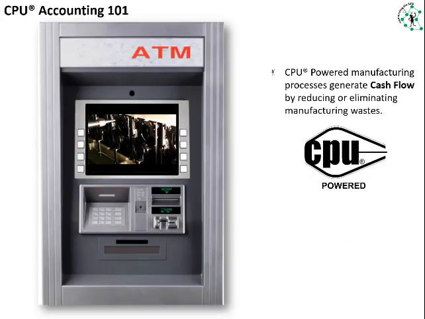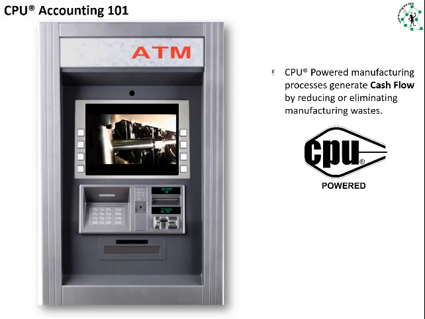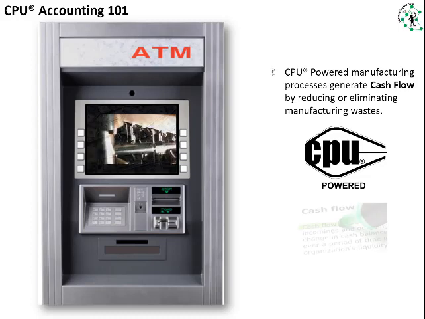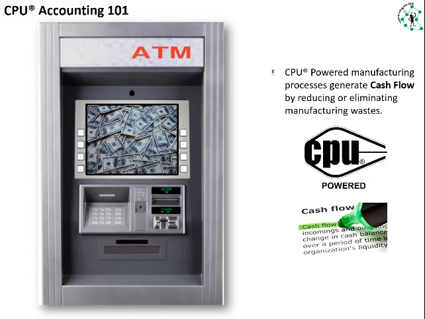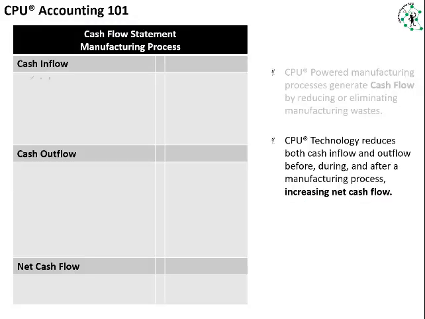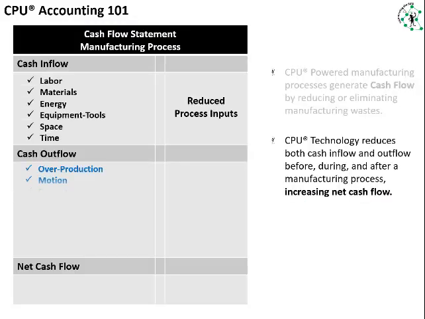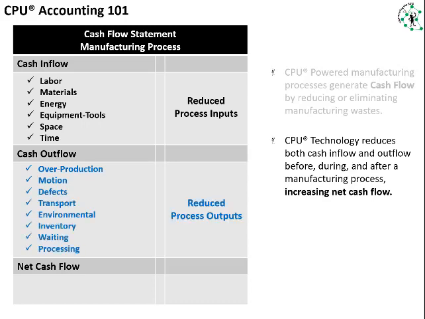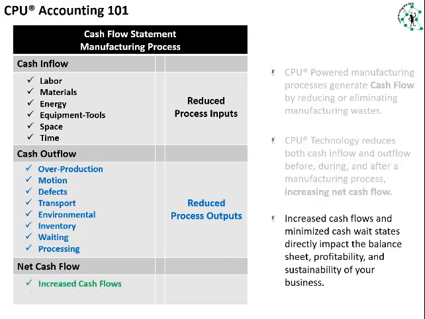CPU-powered manufacturing processes generate cash flow by reducing or eliminating manufacturing wastes. CPU technology reduces both cash inflow and outflow before, during, and after a manufacturing process, thereby increasing net cash flow. Increased cash flows and minimized cash waste states directly impact the balance sheet, profitability, and sustainability of your business.